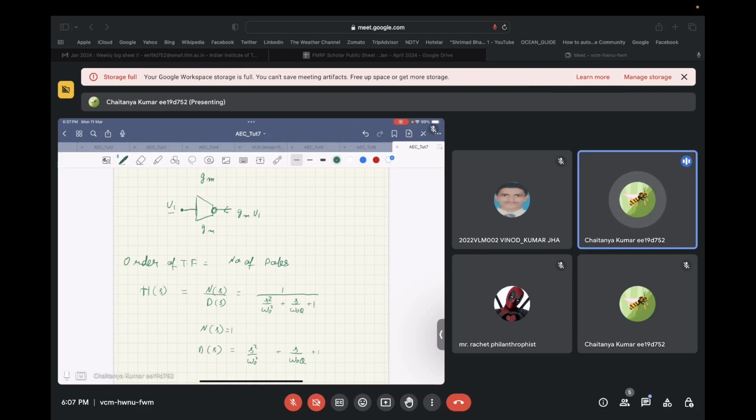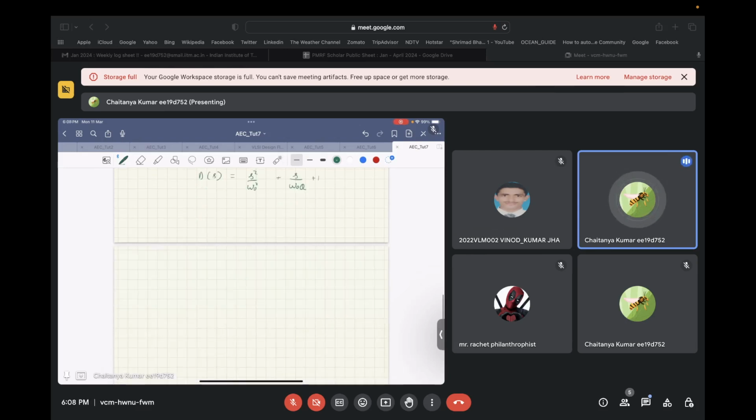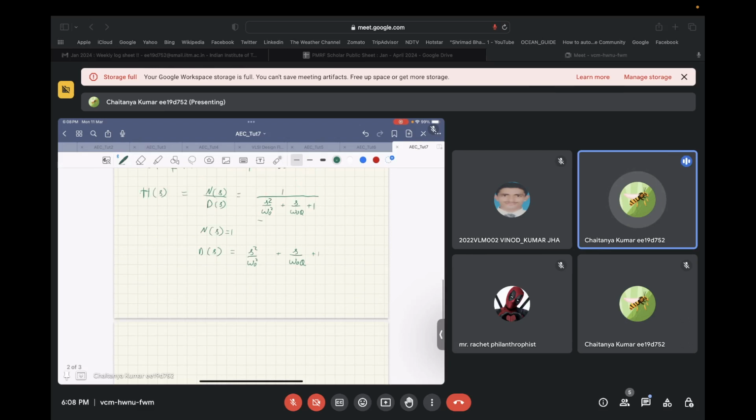So what exactly do we need to make a second order transfer function? Let's try to put a circuit that can emulate this, that can build this transfer function.